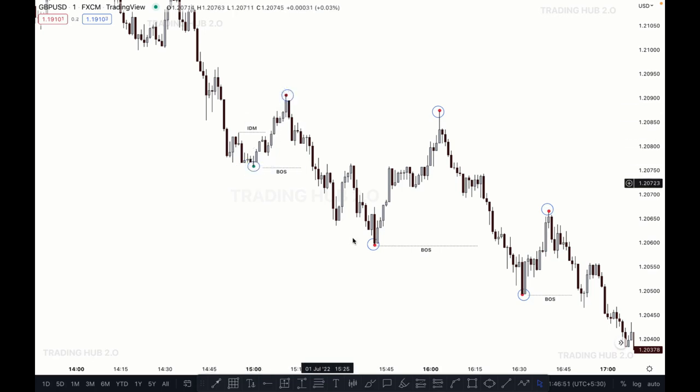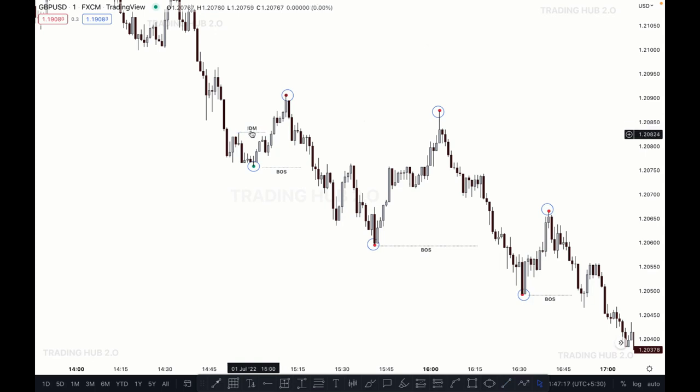These are the major structure, and all these major structures above or below are available external liquidity, and before this external liquidity, between this range, you can see minor structure. So the first minor structure acts like an inducement, and the extreme structure acts like engineering liquidity, right?